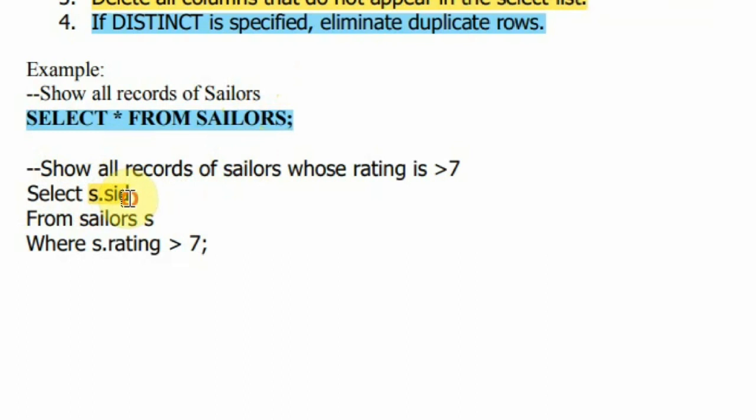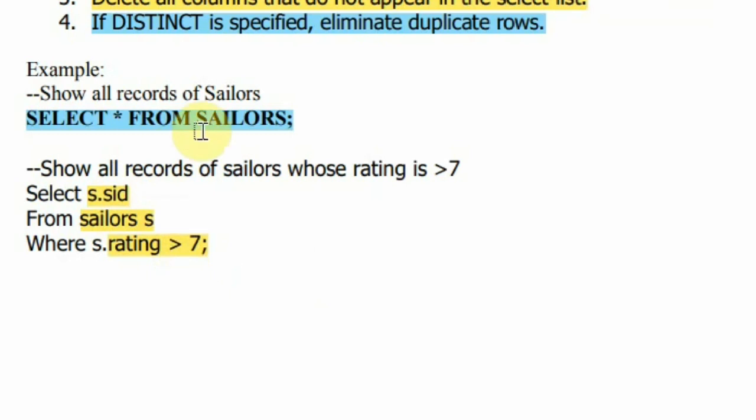So I say select s.sid from the sailors table, and then I give a where clause wherein the condition is rating greater than 7. So: select s.sid from sailors S where s.rating greater than 7. I want to retrieve the SIDs of sailors whose rating is greater than 7.